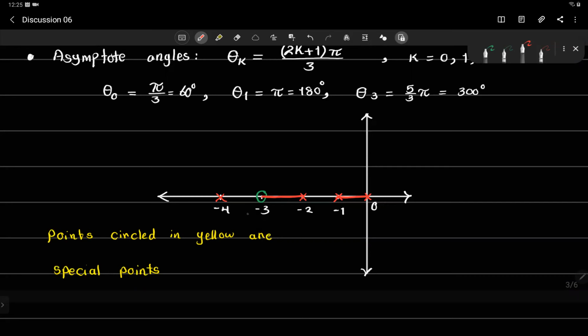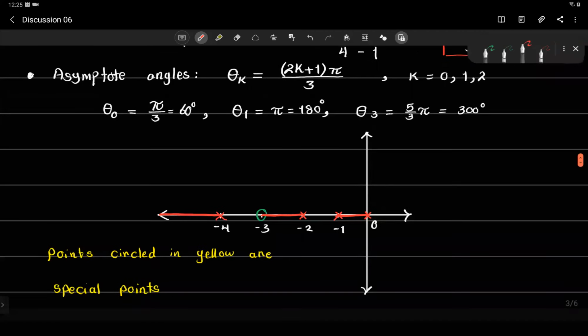And then between -3 and -4, we will have an even total number of poles and zeros, and so nothing exists here. And then between -4 and infinity, we will have an odd number, which is 5, of poles and zeros to the right, which means that the root locus will exist to the left of this odd number of poles and zeros.